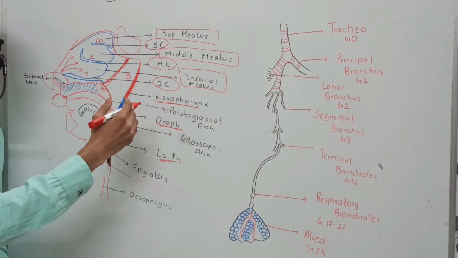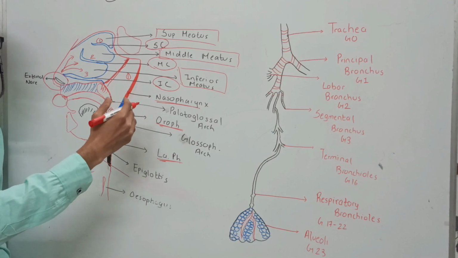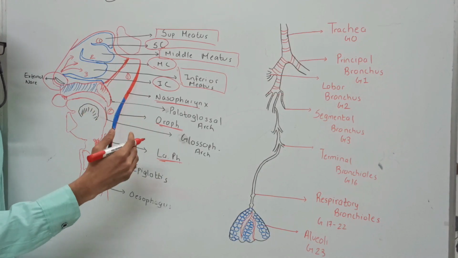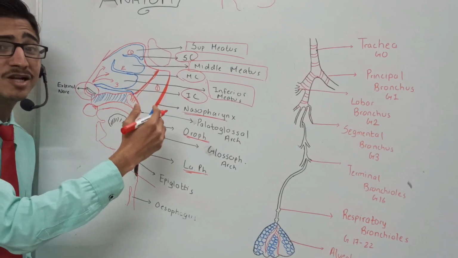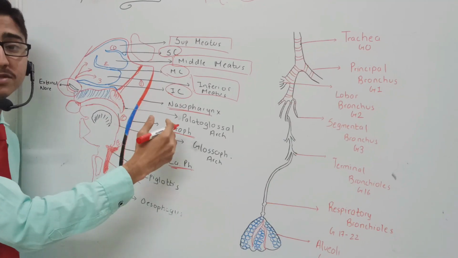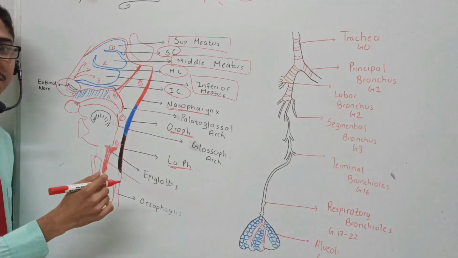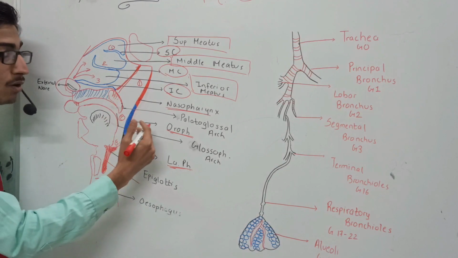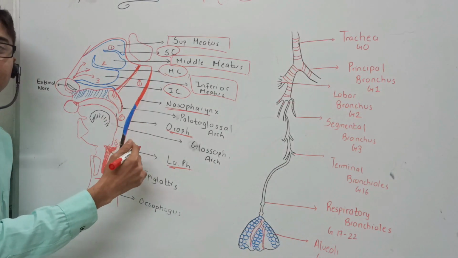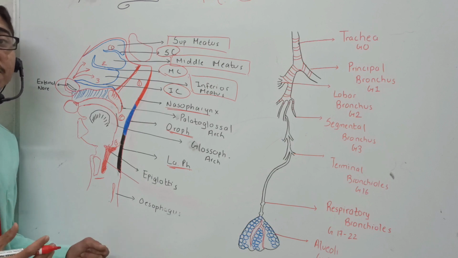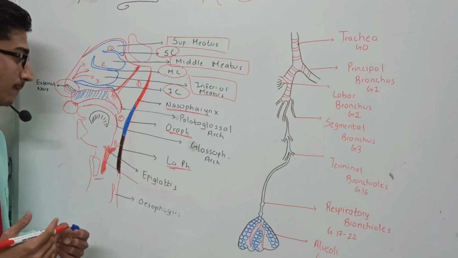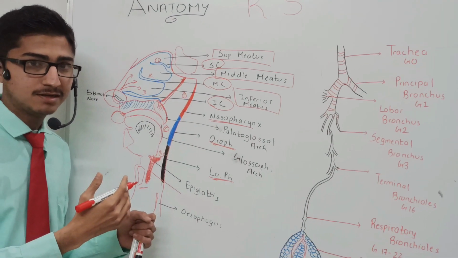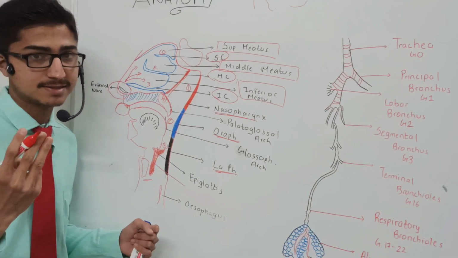Nasopharynx is formed by pseudostratified columnar ciliated epithelium, and this is the only structure which comes in contact with air. Next is oropharynx. Oropharynx is formed by stratified squamous epithelium. This structure comes in contact with three things.